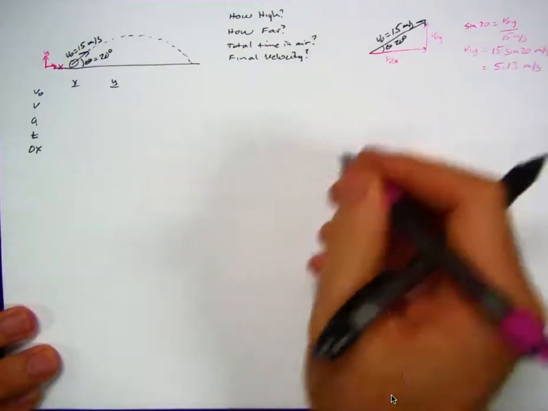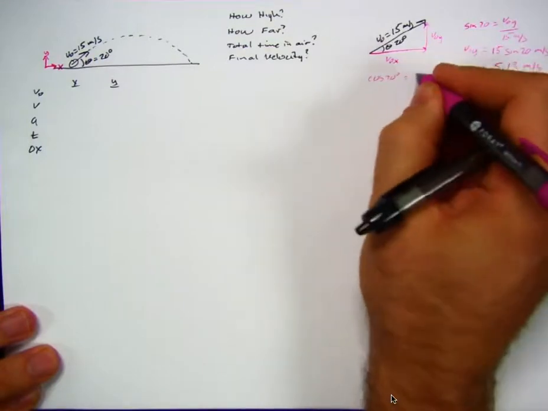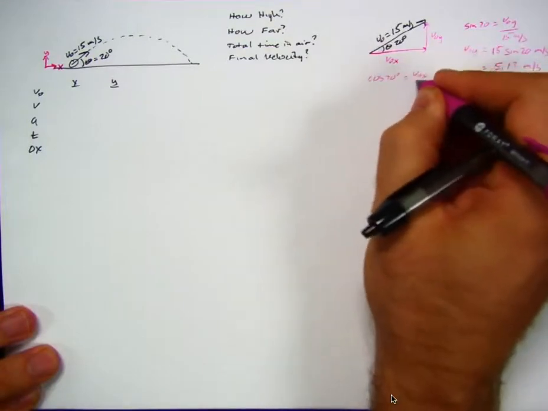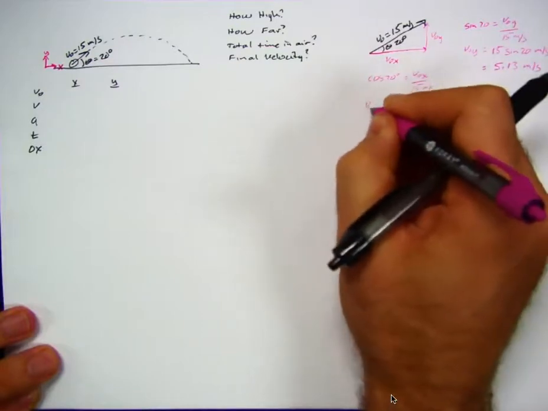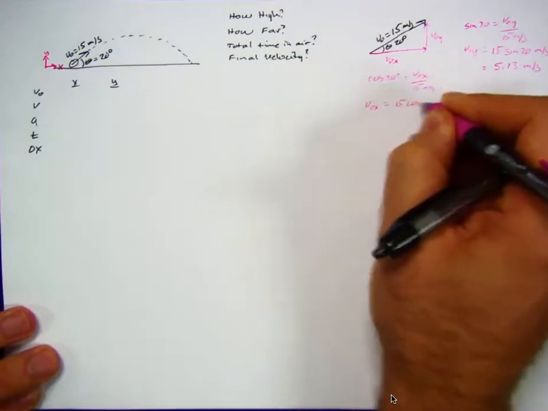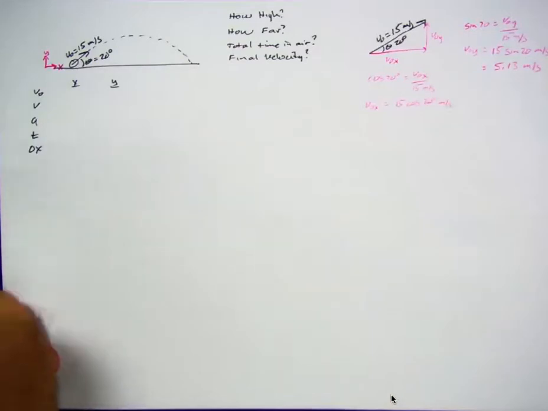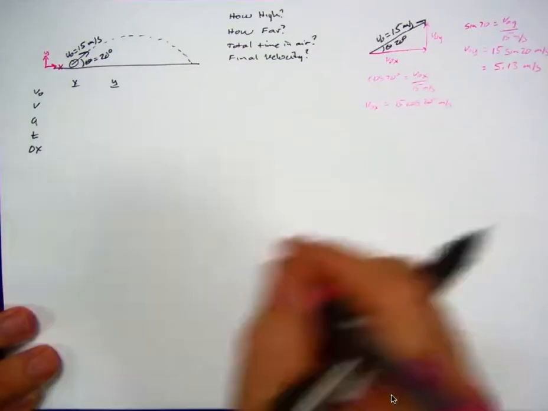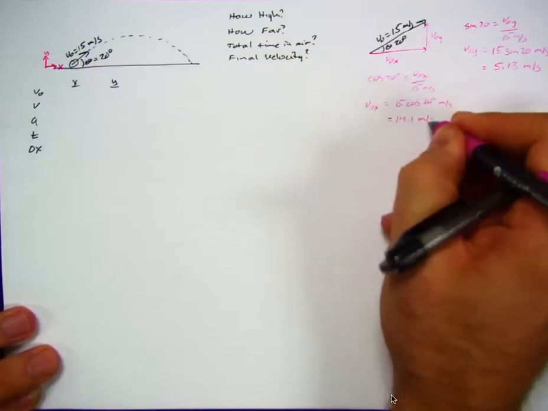I can do the same thing. v0x is cosine, so cosine of 20 degrees is adjacent v0x over 15 meters per second, which means that v0x is 15 times the cosine of 20 degrees, or 15 cosine 20 is going to be 14.1 meters per second.